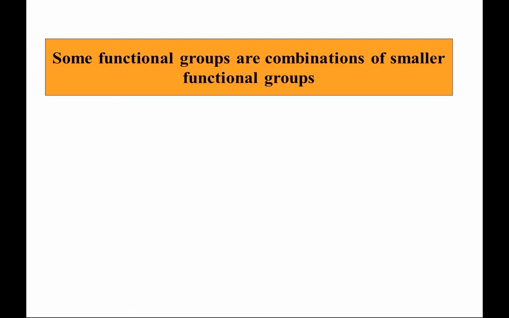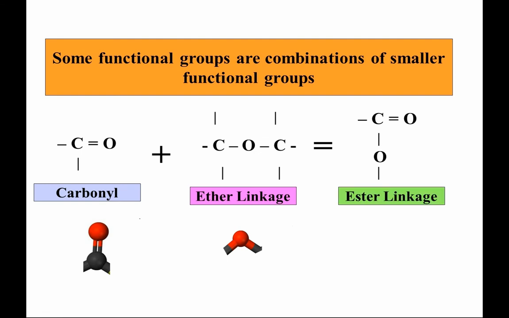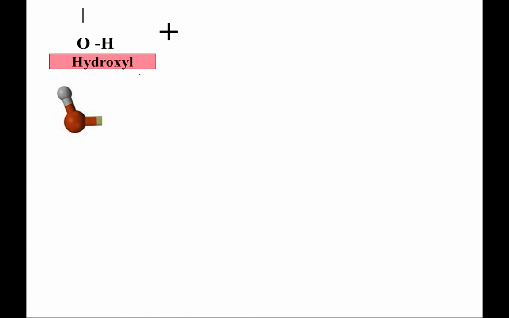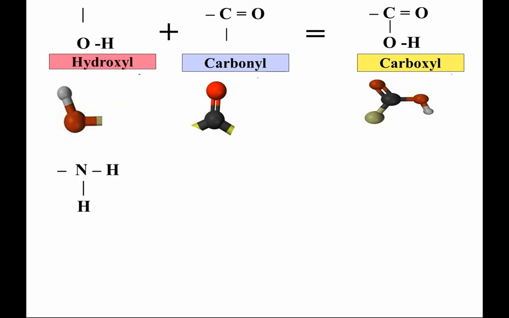Many functional groups are combinations of smaller functional groups, just like I identified the amide a moment ago. Here's another example. A carbonyl and an ether linkage together would produce an ester linkage. A hydroxyl group and a carbonyl group combined yield a carboxyl group, which is our acid group.